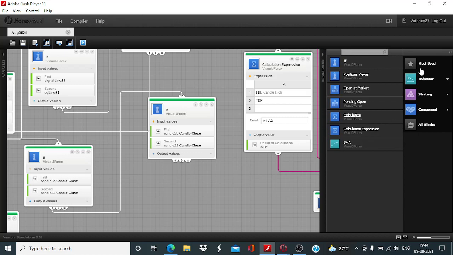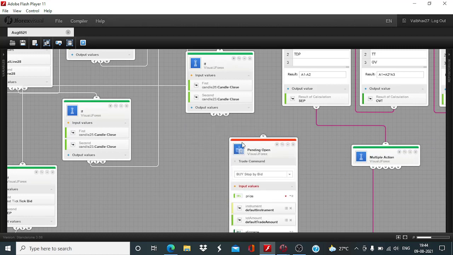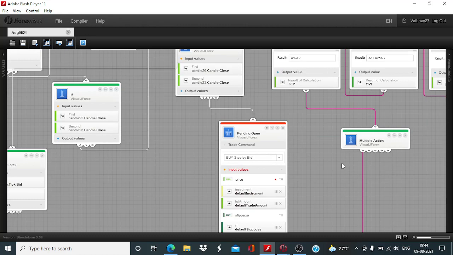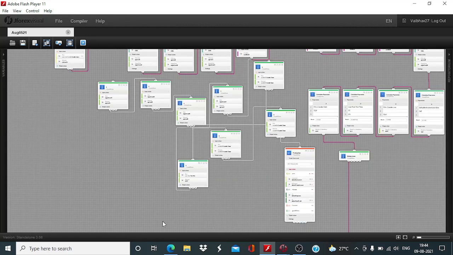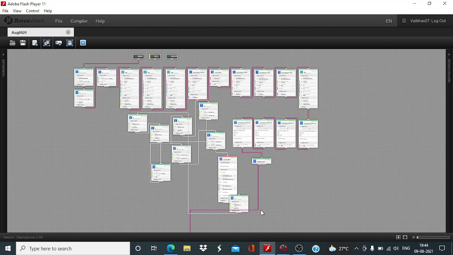Now it's time to bring in the trade command block pending open. Before defining the parameters for trade command block, I will quickly arrange these if blocks to where they belong.